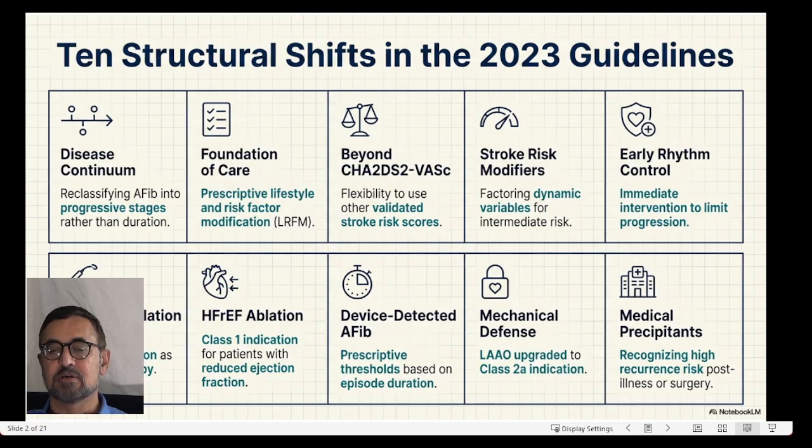Next, there's a strong emphasis on early rhythm control, catheter ablation as first-line therapy in selected patients, and device-detected Afib. Finally, left atrial appendage occlusion and recognition of medical precipitants highlight a more comprehensive approach to care.